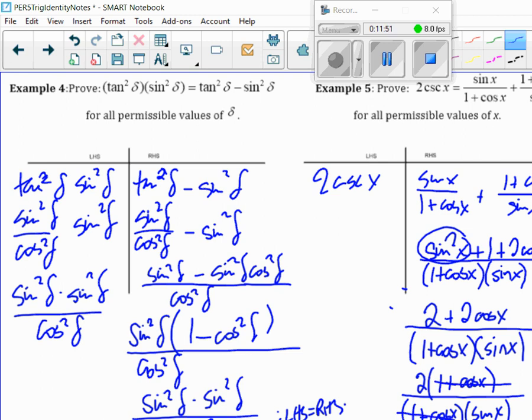So then you're left with 2 over sine x, which is 2 cosecant x. I'm just going to go up here because I'm running out of room. Therefore, the left-hand side equals the right-hand side. I could have also changed the left-hand side to 2 times 1 over sine x, then multiplied and got 2 over sine x, but that's the same thing there.